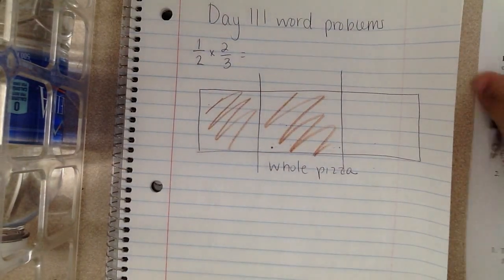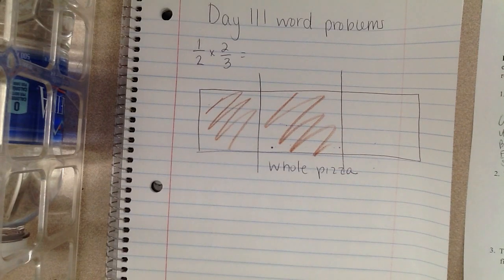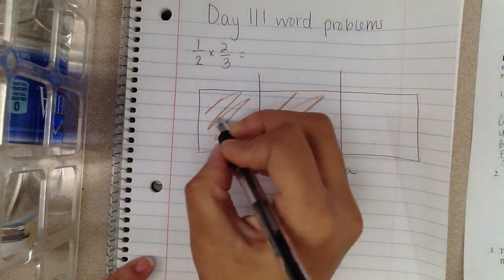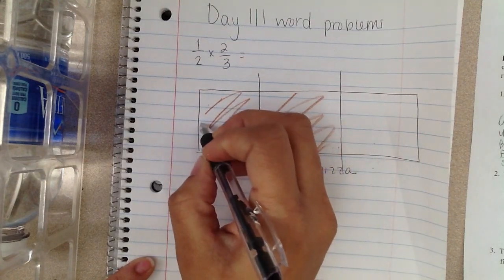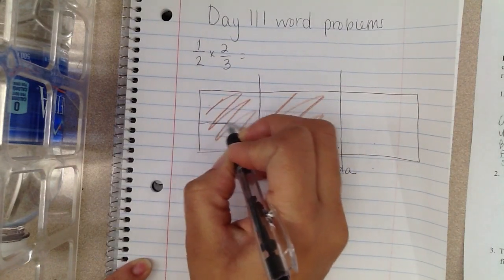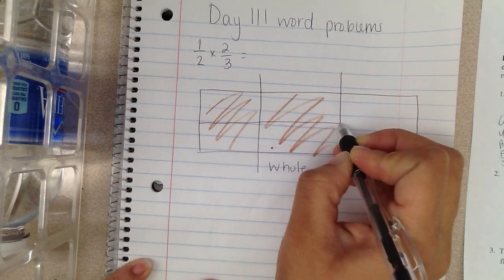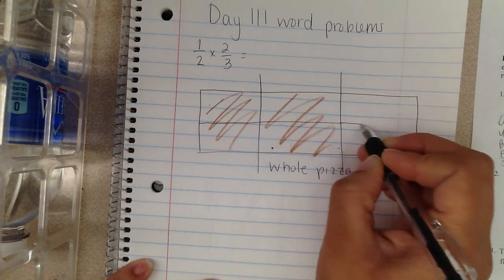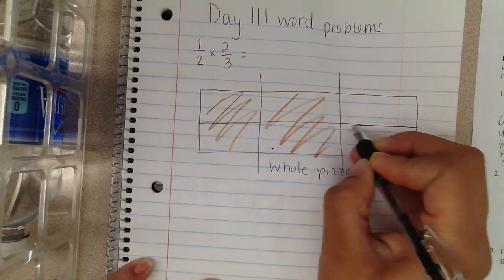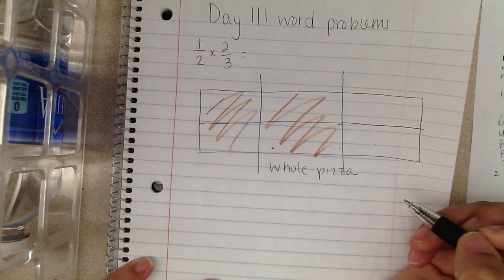Now it says on Tuesday night he ate half of what was left. That means if I take what was left, these 2/3, and I split them in half, then I get what he ate. I can't leave this last part out because it's included in my whole and it needs to match the rest of my problem. So I split the whole thing in half.